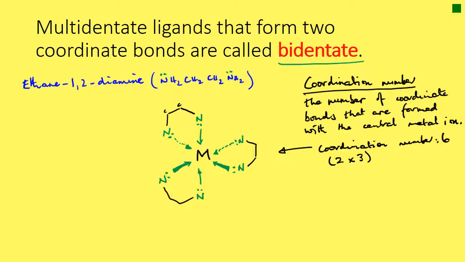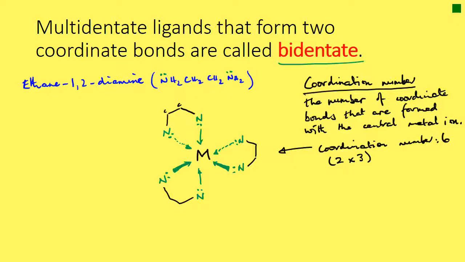So let's just write an M in the middle for our transition metal ion. We'll put that in black. So in the middle we've got our transition metal ion, and that's got some charge. I won't write the charge because it could be anything. And then we're going to have a look at how ethane 1,2-diamine surrounds this metal ion. And actually 3 of these molecules surround it.